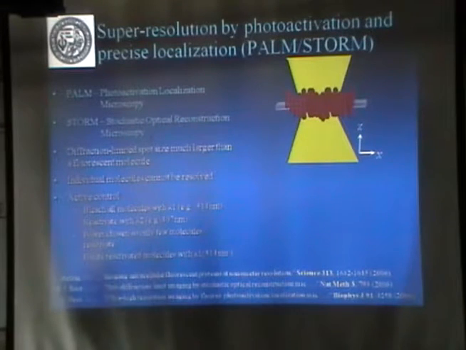Okay, and more recently, there's been a number of other methods. In 2006, there were 3 papers which proposed similar methods. So here the trick is different. Let's say these are molecules, fluorescent molecules, and you see they are packed.